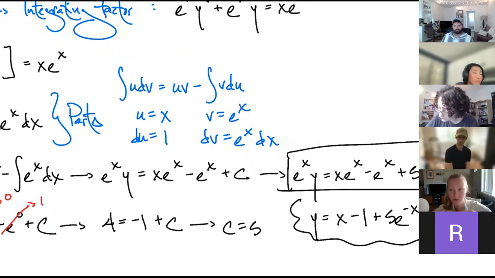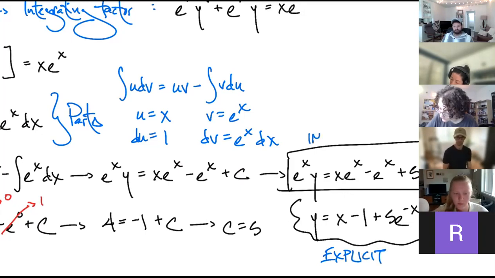The second way of writing that, is that implicit or explicit? That one would be explicit because I have it as y equals, explicit and implicit.